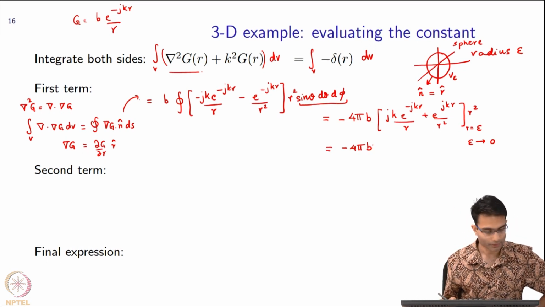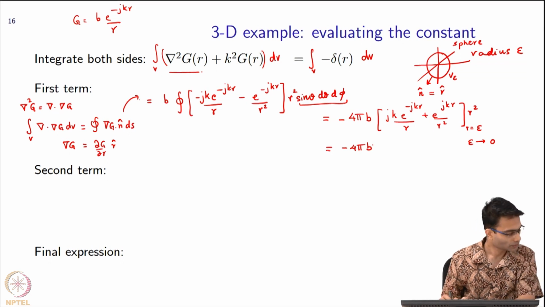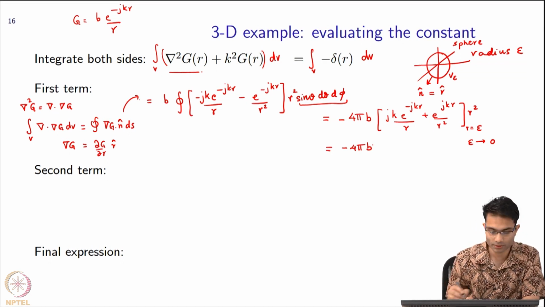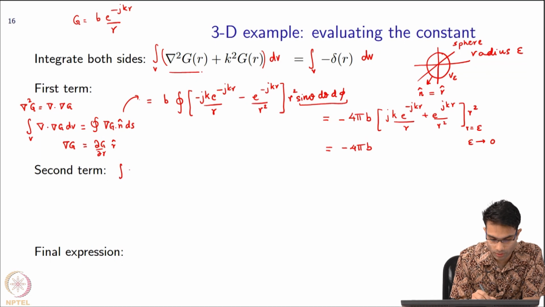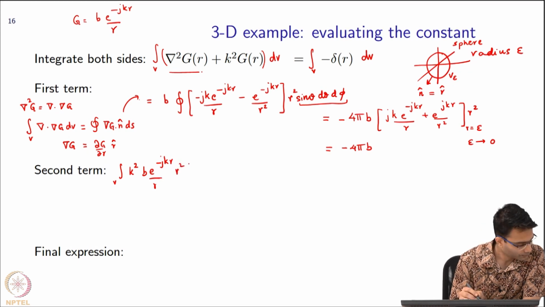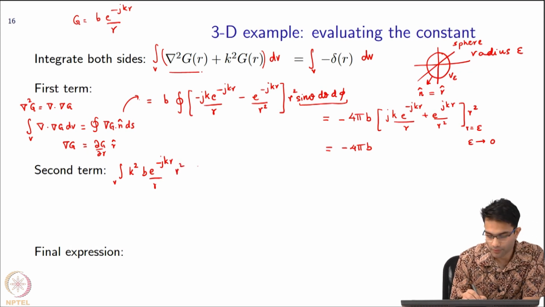What about the second term? Second term, we will have to do this integral, right? So it's going to be k squared, and this is a volume integral, b e to the minus j k r by r, and r squared 4 pi dr, right?